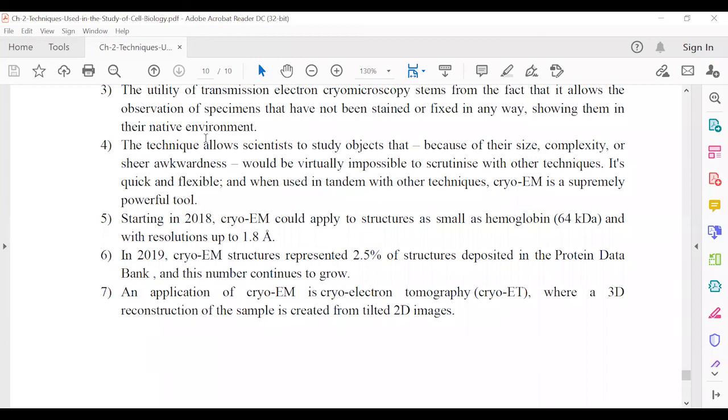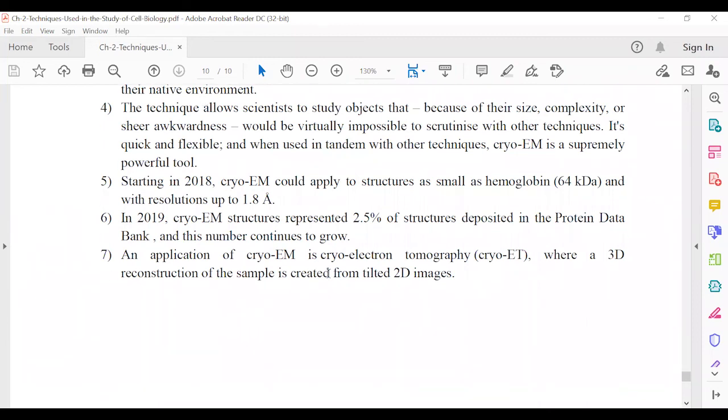Last, an application of cryo-electron microscopy is cryo-electron tomography, where a 3D reconstruction of the sample is created from tilted 2D images. If the images are 3D reconstructed, we can also convert them back to 2D image versions.